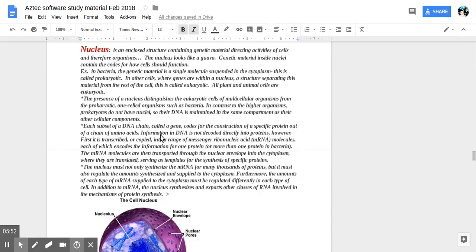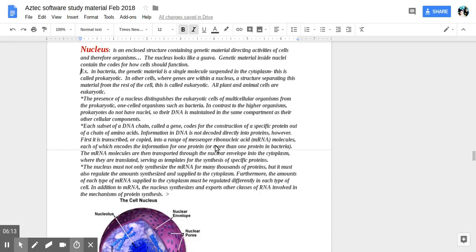The mRNA molecules are then transported through the nuclear envelope into the cytoplasm, where they are translated, serving as templates for the synthesis of specific proteins.